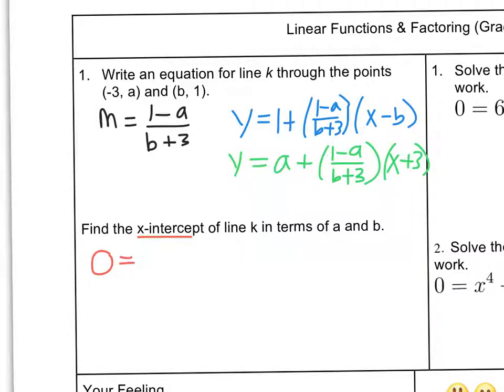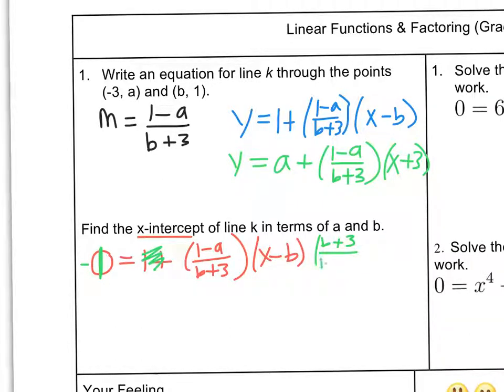So we get 0 is equal to 1 plus 1 minus a over b plus 3 times the quantity x minus b. In order to get x by itself, first thing I'm going to do is subtract 1 from both sides, so that becomes minus 1. And then I'm going to multiply by the reciprocal of my slope, so b plus 3 over 1 minus a on both sides.